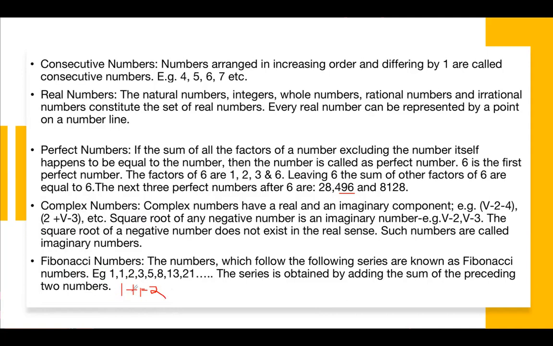So 1 plus 1 is 2, 1 plus 2 is 3, 2 plus 3 is 5, 3 plus 5 is 8, 5 plus 8 is 13, 8 plus 13 is 21, and 13 plus 21 is 34. The next number will be 34.